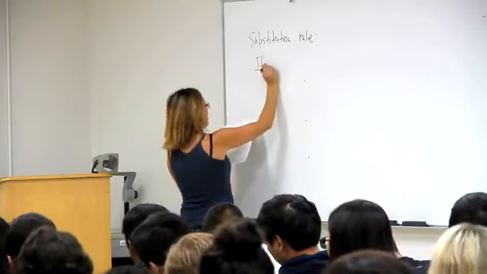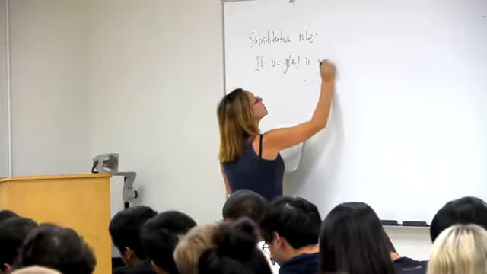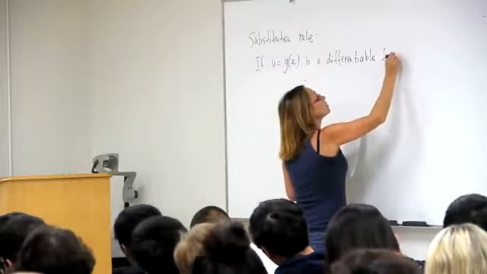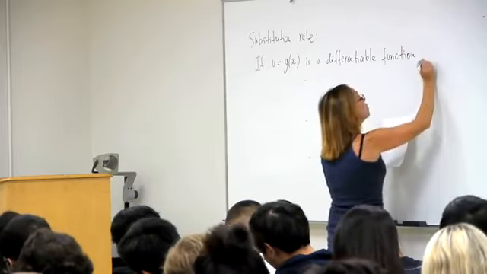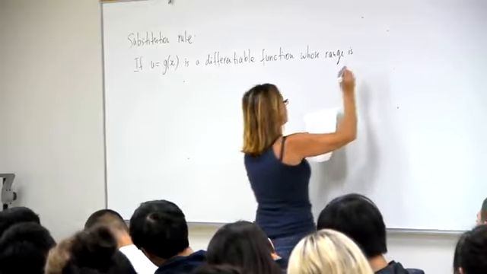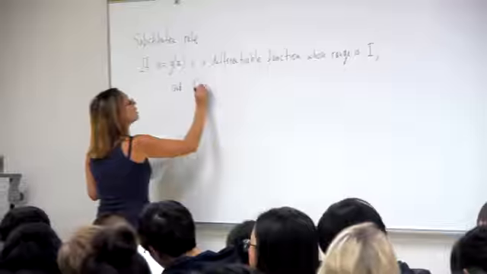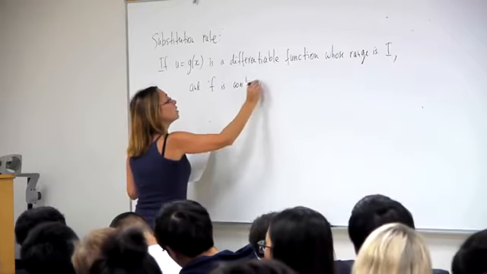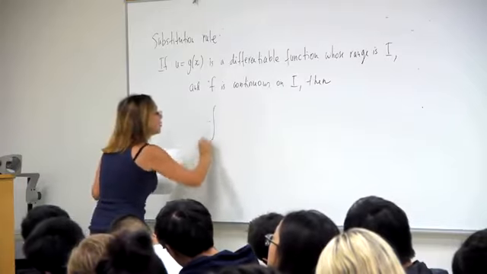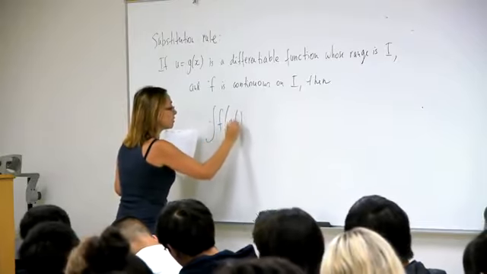So if u equals g of x is a differentiable function whose range is an interval I, and f is continuous on I, then we can simplify the following integral: f of g of x times g prime of x dx.